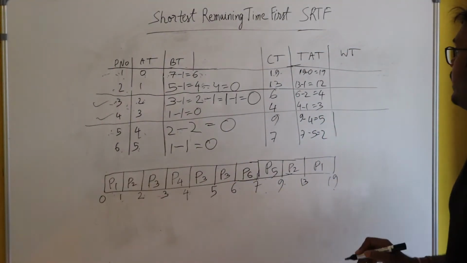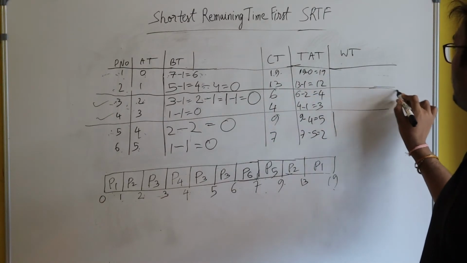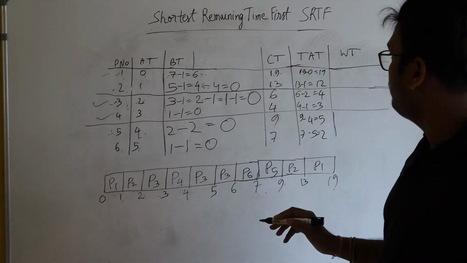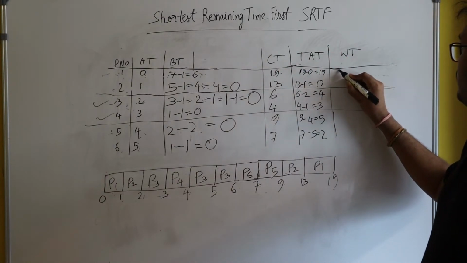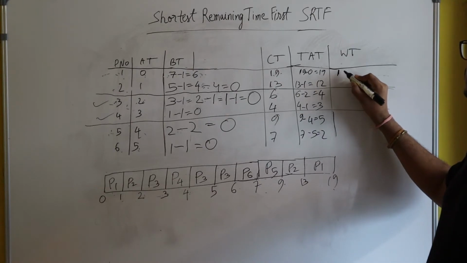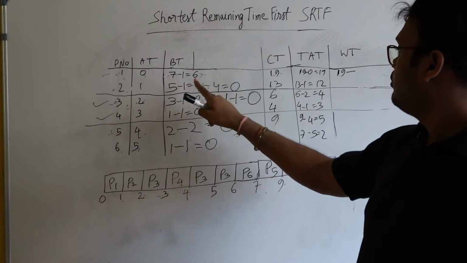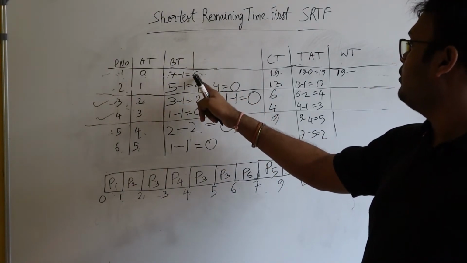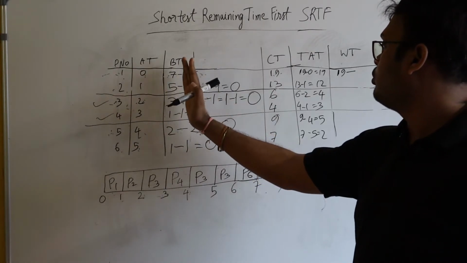So now calculate the waiting time. What I told you: turnaround time minus burst time. So what is the burst time of P1? Turnaround time is 19 seconds minus the burst time, which is 7 seconds, not 6 seconds. These were just calculation parts, so don't consider this.